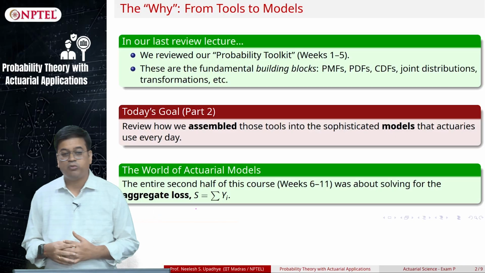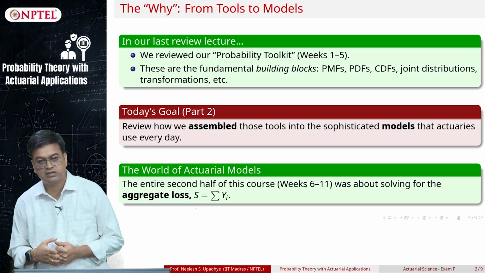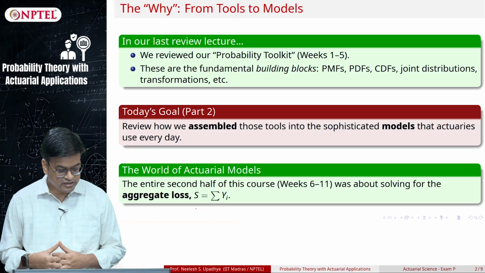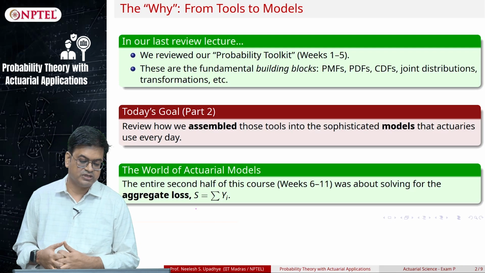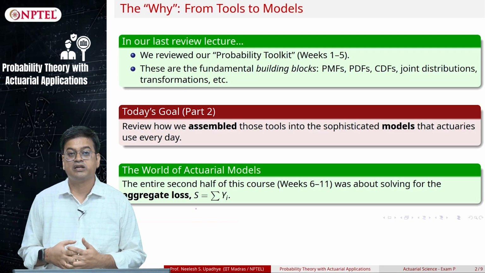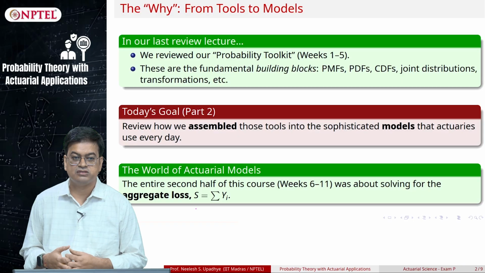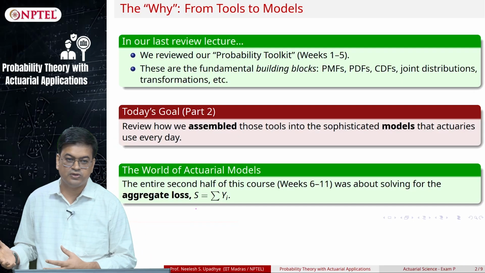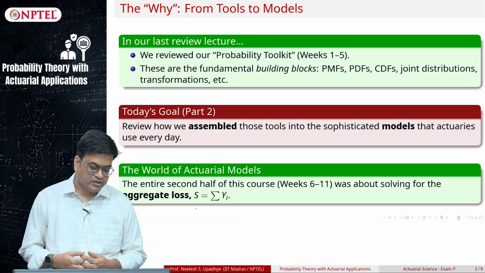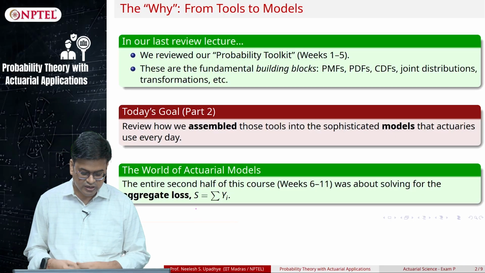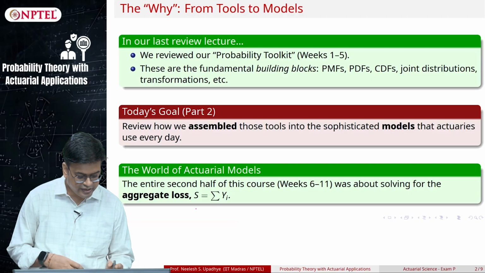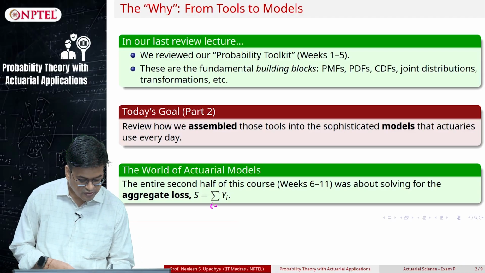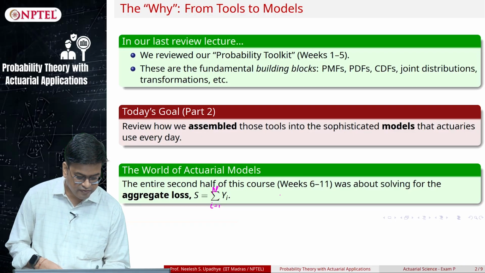So what was our main problem that we spent half of the course on? We had a random sum S, which was quantifying the aggregate loss of the insurance company, or the aggregate loss of the portfolio of the insurer. It was a random sum, summation over i equal to 1 to capital N, where this summing variable is also a random variable.